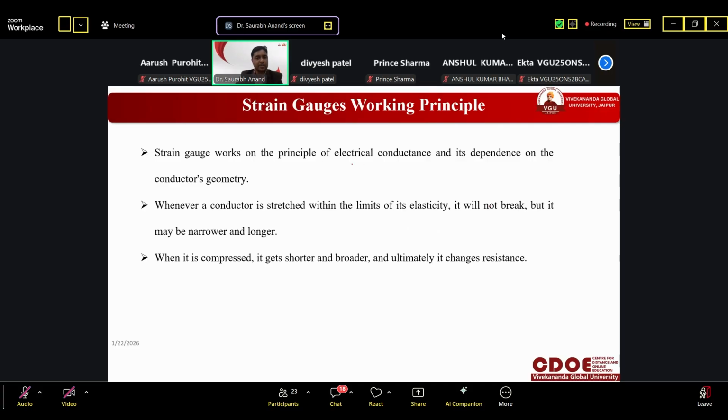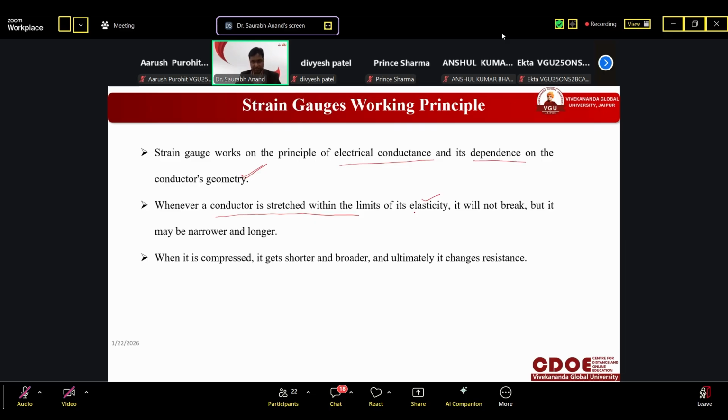So it is working on the principle of electrical conductance and it's dependent on conductor geometry. So what type of conductor we are using? The electrical resistance of every material is different. So depending upon the requirement, we use the metal, and the conductor is stressed within the limit of its elasticity. Elasticity is, suppose we are stretching something, and after that condition, that may be broken. So we have to take care of this also.